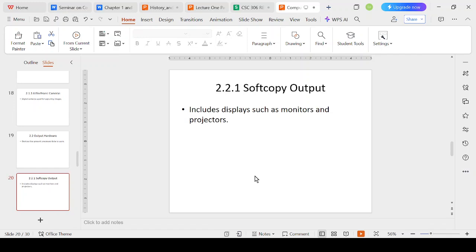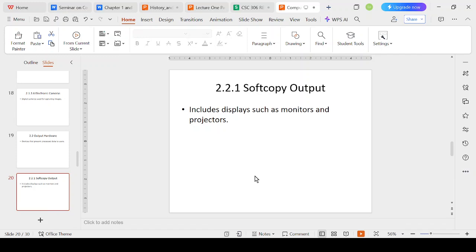Soft copy output. This includes displays such as monitors and projectors. As you can see, I'm using my monitor to present this slide to you. A projector is what we use in teaching, in lecture halls, to do presentations or conferences.